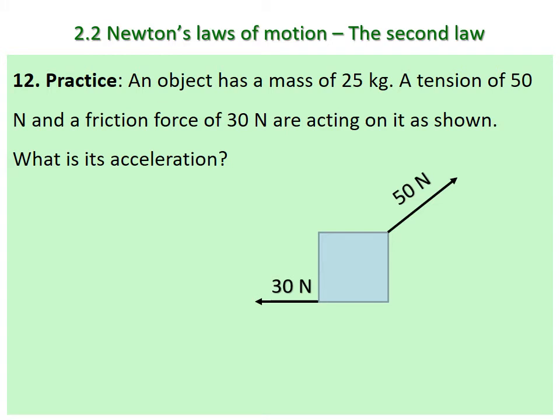Okay, number 12, we're going to solve for acceleration. We have an object, has a mass of 25 kilograms, a tension of 50 newtons, and a friction force of 30 newtons are acting on it as shown. What is its acceleration? When I wrote this problem, I realized I don't like this problem. I'm going to rephrase it slightly.